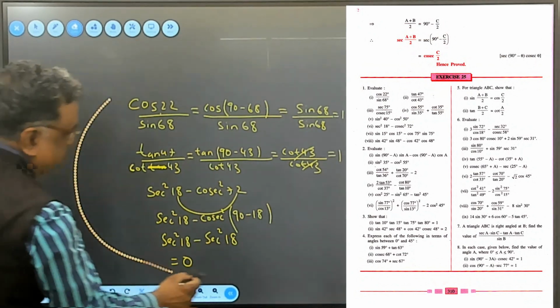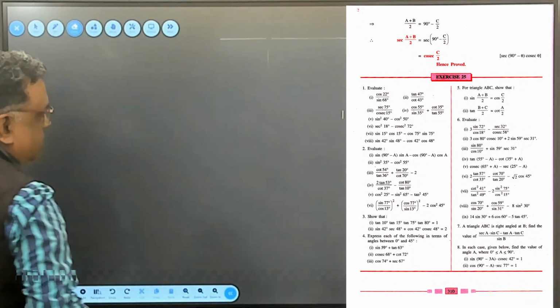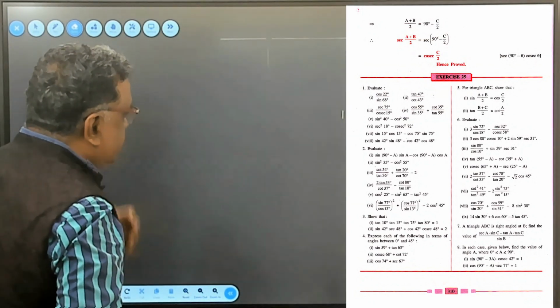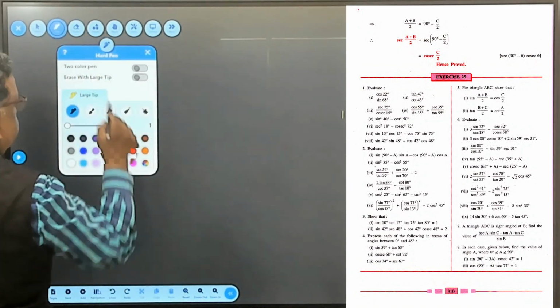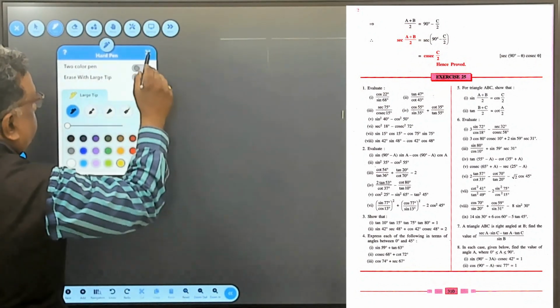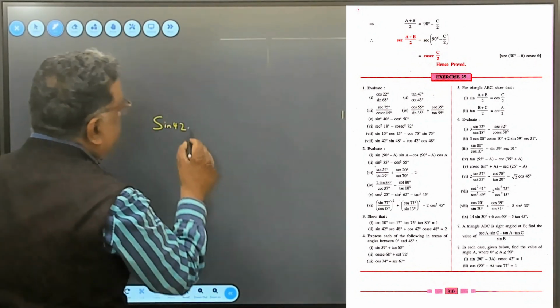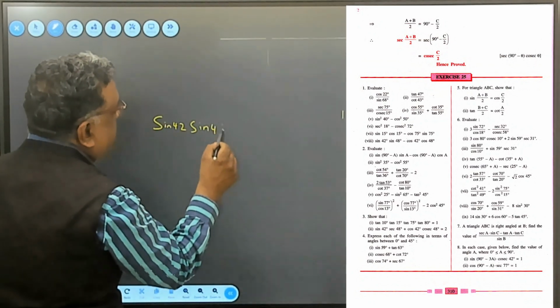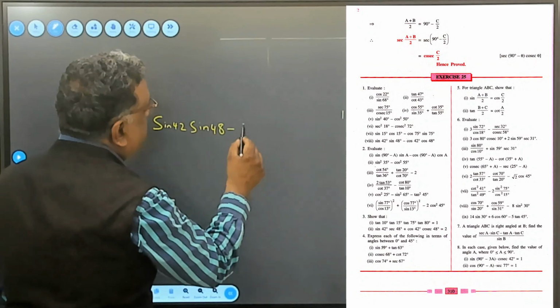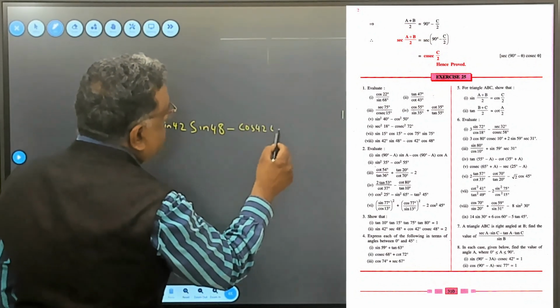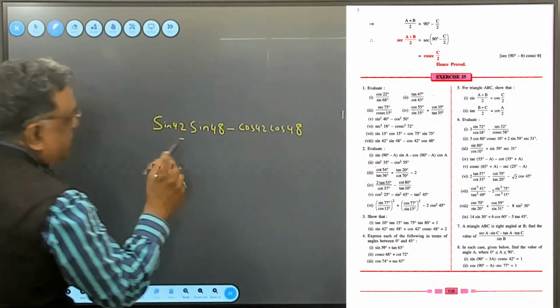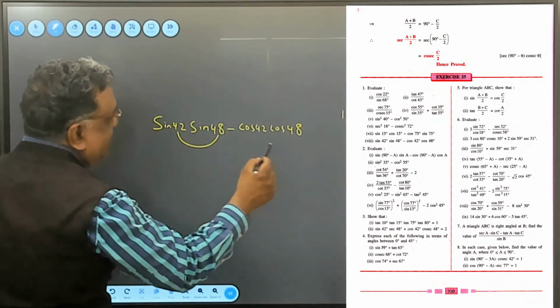Let us try to do some more sums. Sine 42 sine 48 upon cos 42 cos 48, you have to find the value of this. So if you see here, 42 plus 48 is 90, which means we can apply the complementary angle here.